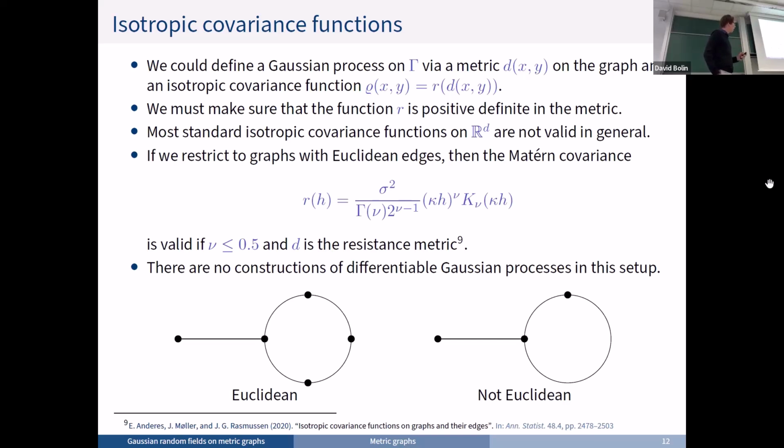The second, which is more problematic actually, is that the shortest distance between any two vertices must be obtained by going through an edge. So you could imagine a graph where you take two locations, and there might be a direct edge between them that is longer than the shortest path between them, and that is also not allowed. So there are some things like this.